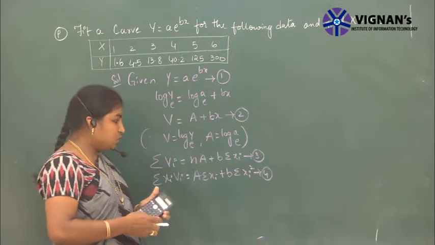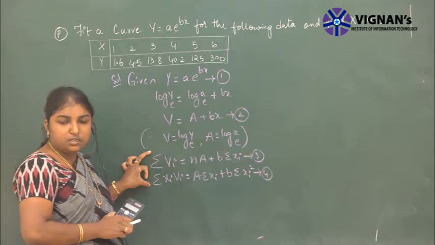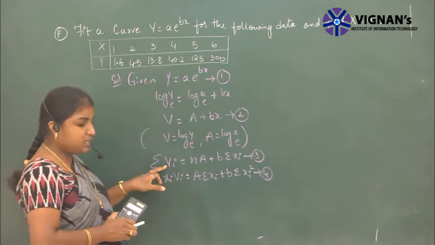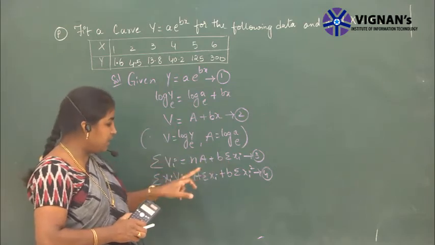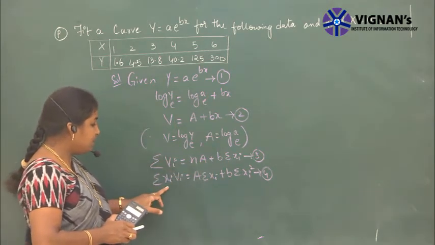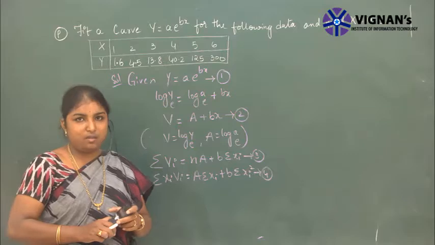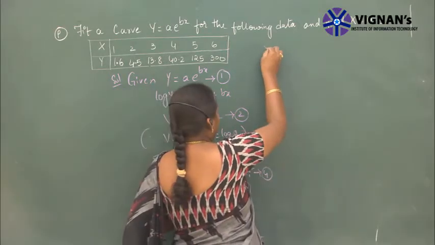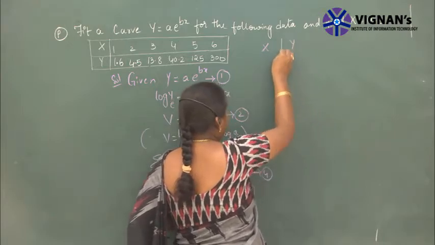These are the two normal equations. Now using the given data, we have to find summation Vi, summation Xi, summation Xi square, and summation Xi Vi. For this, we construct a table taking X values and Y values.